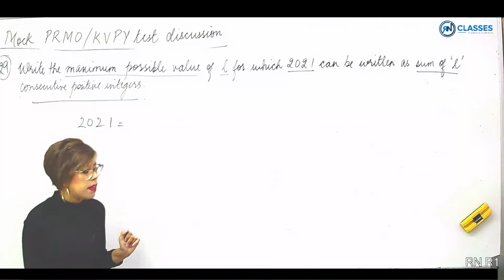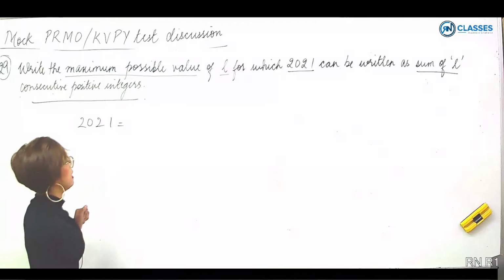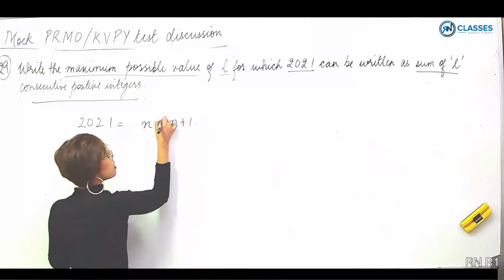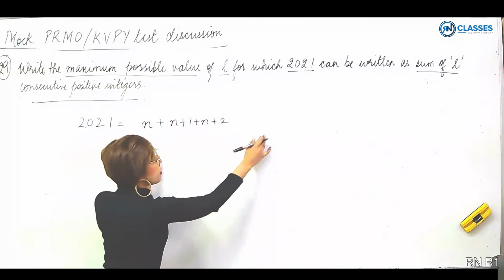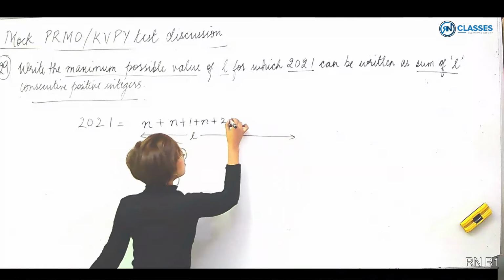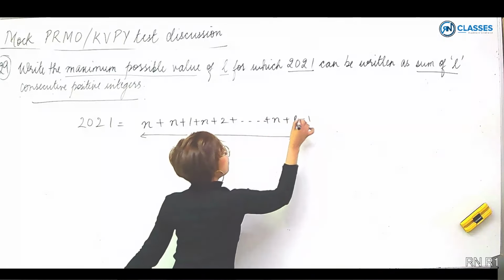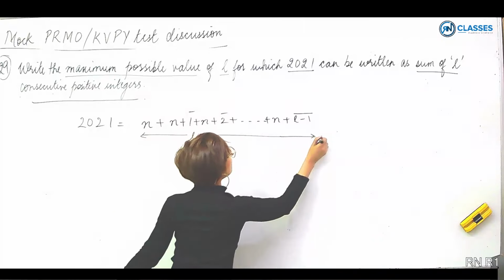If I take the first integer to be n, the next would be n plus 1, next would be n plus 2, and so on. These are L consecutive ones, so the last number would be n plus L minus 1. I hope you can see that.